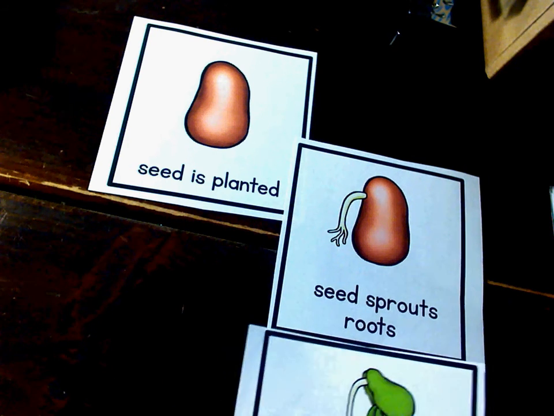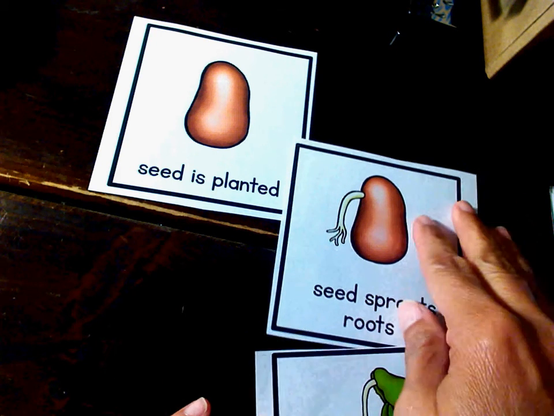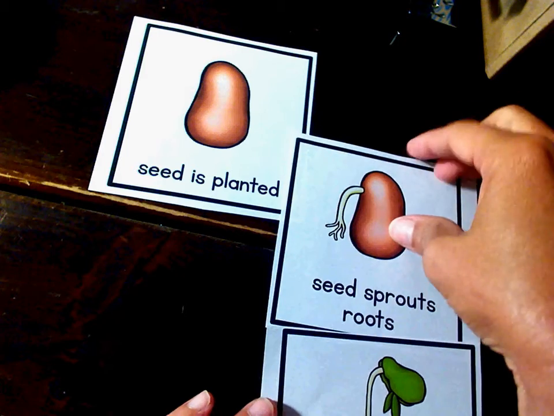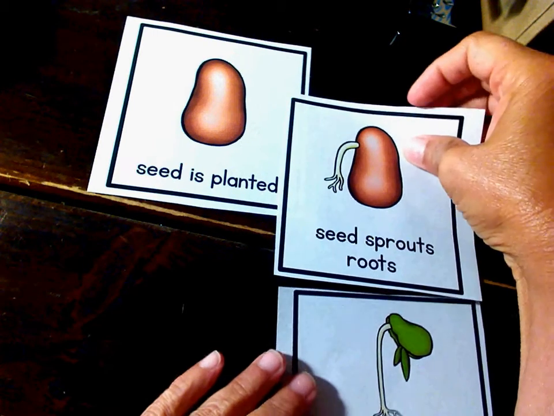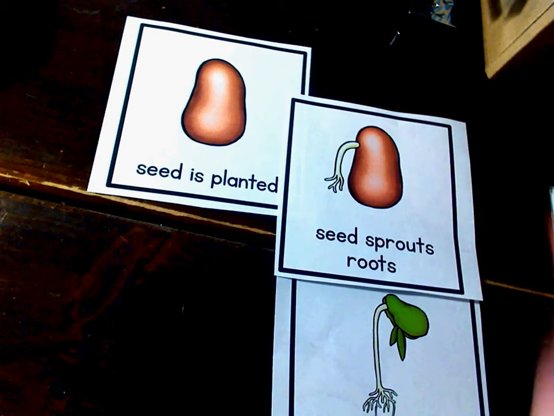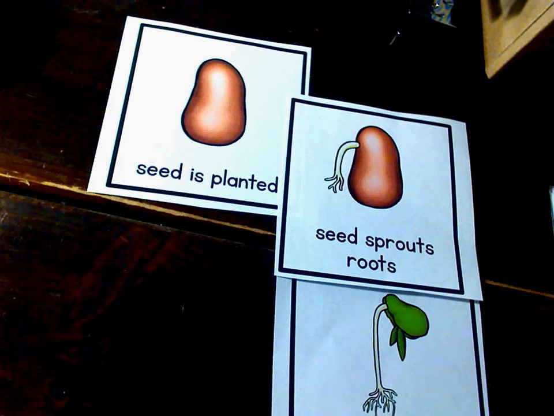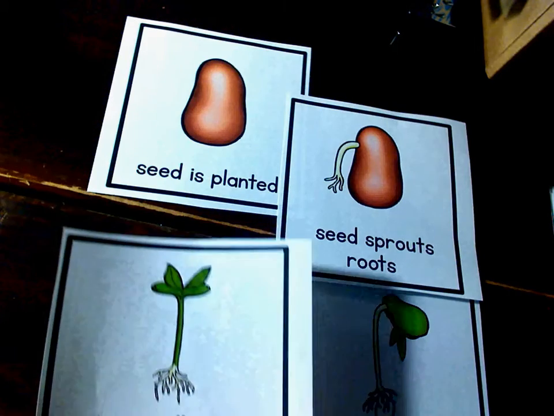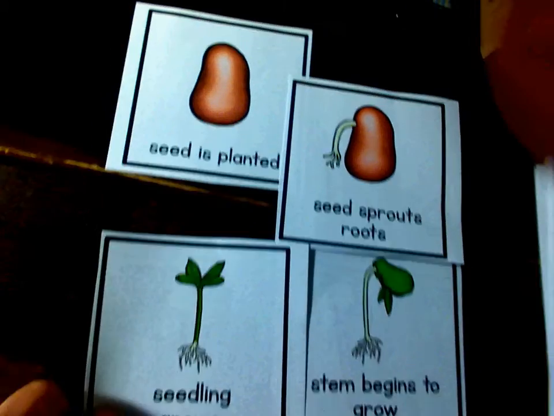The stem is going to grow. So you see it coming out right there, and then you have the stem growing here. Now, what's going to happen is part of that is going to grow down into the ground. The other part is going to grow up out of the dirt. And what's going to happen there is a seedling is going to start developing.